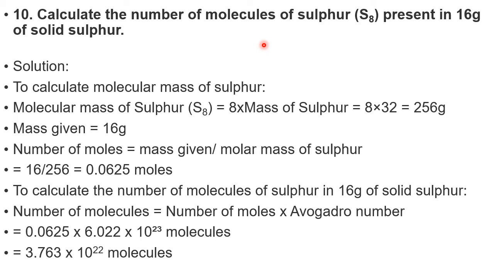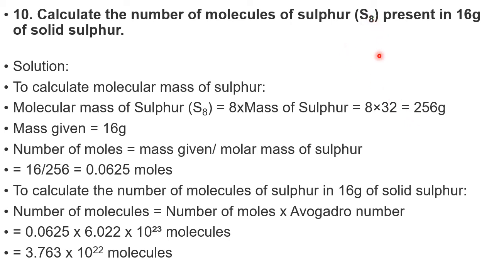There are some 9 to 10 elements which occur as molecules of an element, and sulfur is an example which occurs in S8 form. 1 S equals 32, so for 8 S, it is 8 into 32. So 256 gram is the mass of 1 S8.